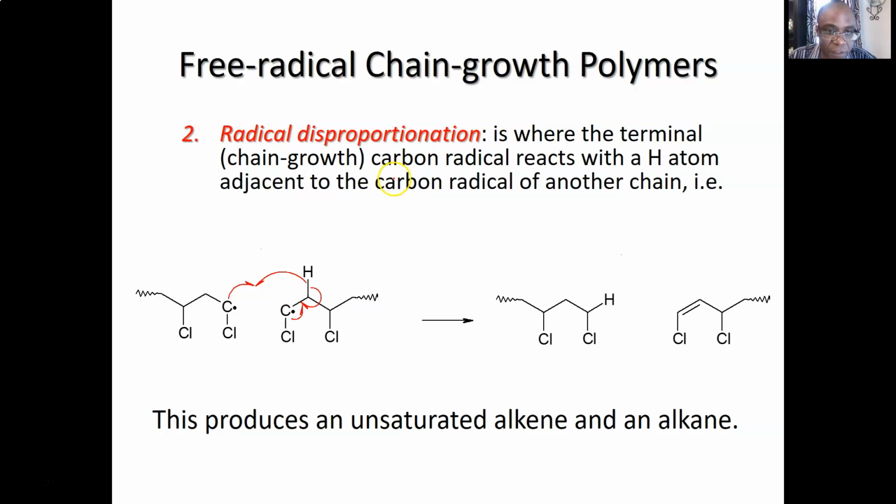So the other method of termination is radical disproportionation. This is where the terminal carbon radical reacts with a hydrogen atom adjacent to the carbon radical of another chain. So this hydrogen here is called the beta hydrogen, and it can be taken out by a second molecule.